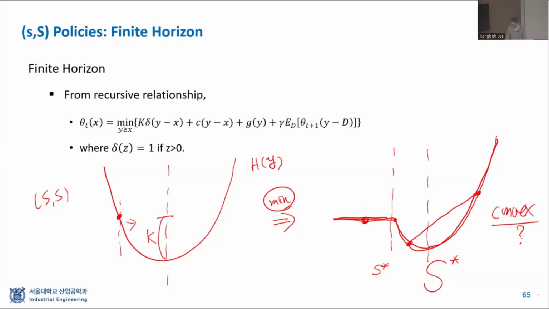Here. You pick the 2 points, you draw a line, and now it's below the graph. So it's not convex anymore, meaning that you cannot continue your convex assumption. So theta t plus 1 convex implies theta t convex does not hold anymore.